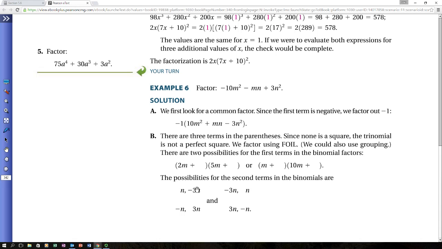Then they list the factors of negative 3n squared, actually twice here, so we can plug these in and see if they work. Order does matter because the coefficients are different, so we have really 4 possibilities for each one to test.